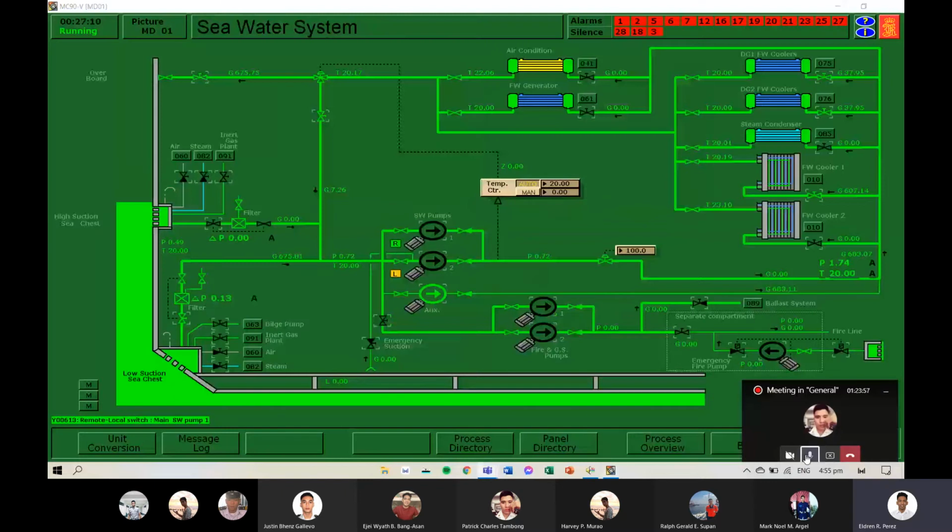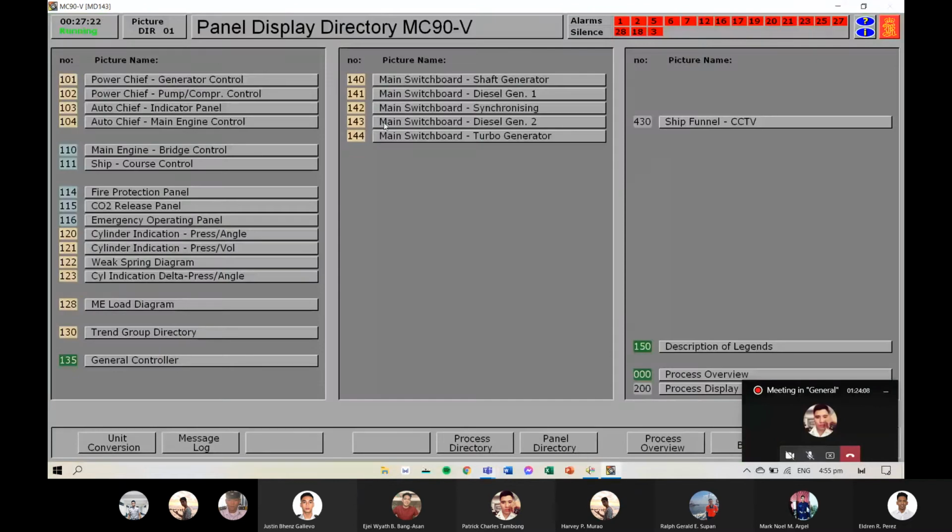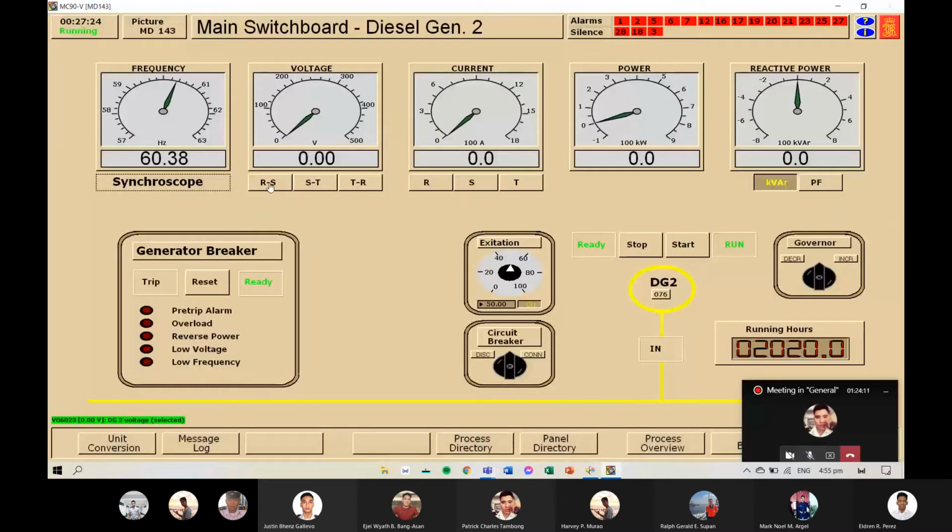Done. Mr. Chief Engineer Perez, sir, go to Directory 143, main switchboard diesel generator 2, and check the frequency and the voltage by pressing either RS, ST, TR, and current by pressing either R, S, or T. Done.